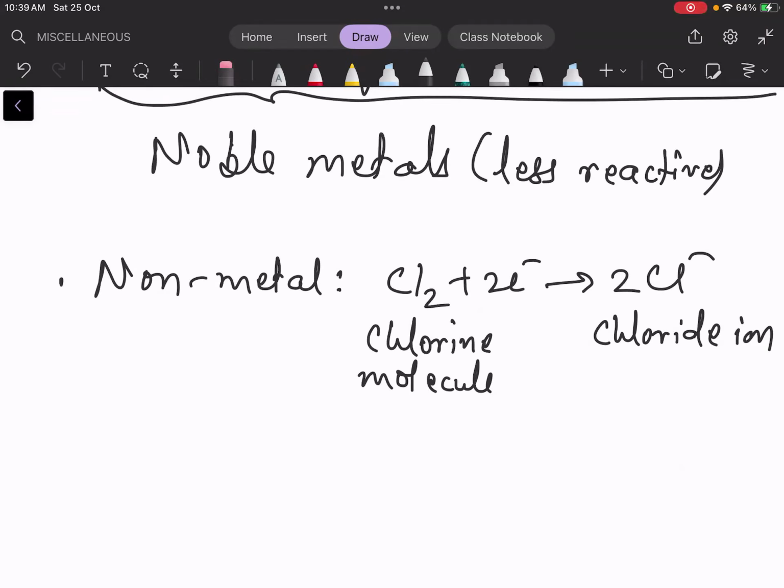So, there are several non-metals: carbon, nitrogen, oxygen, fluorine. So all these are non-metals. Generally, non-metals are solids or gases, except bromine, which is a liquid. Right?